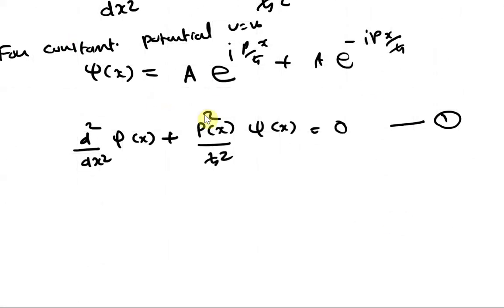In this case the solution is going to have more or less the same form. Only thing is that the p over here is going to be a function of x, not a constant, and it can also have position dependence in the amplitude.